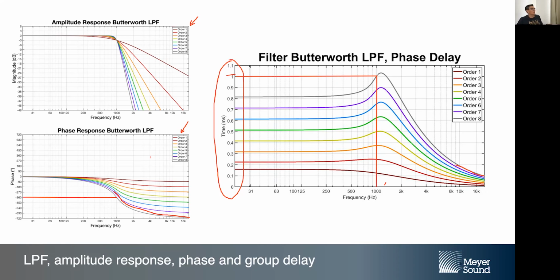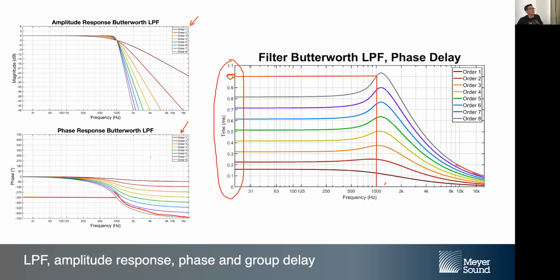And if you do the math for all of the traces, considering what is happening with the phase shift, you're going to see this kind of traces. Those are called the phase delay traces. In this case, we're seeing the phase delay for order 1 all the way to order number 8. This is the phase delay for the low pass filter. What is going to happen if we change the low pass filter and use a high pass filter?